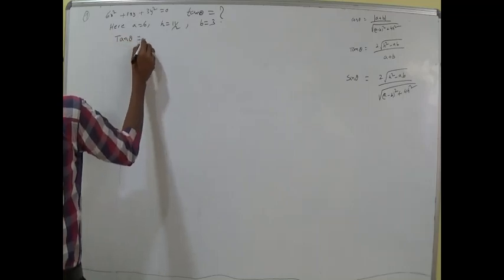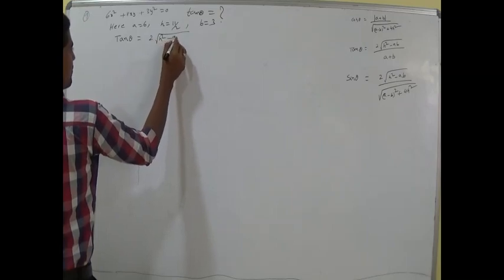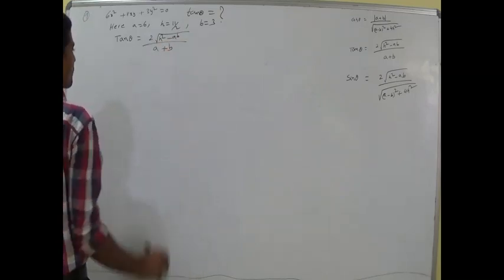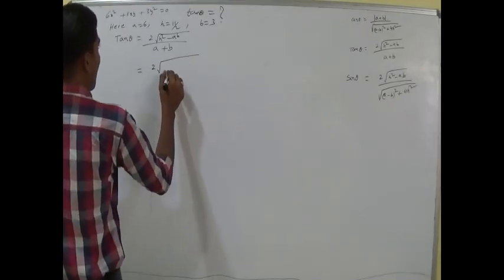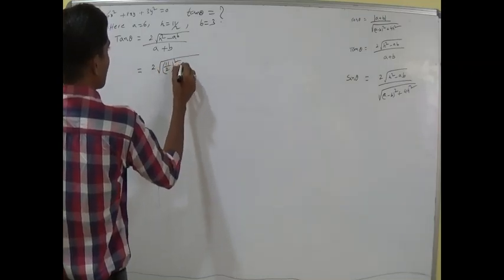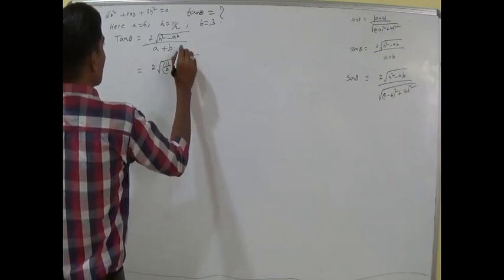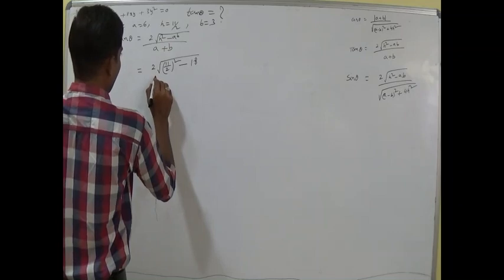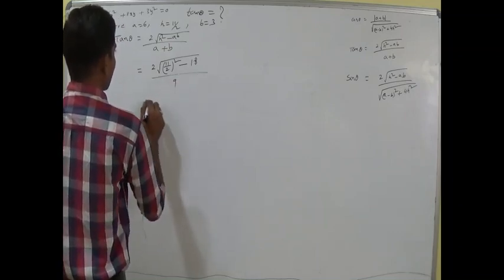Tan theta is equal to 2 square root of h square minus ab by a plus b, which is equal to 2 square root of (11 by 2) whole square minus ab, which is 18, by a plus b equal to 9.